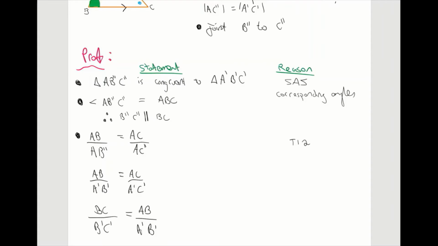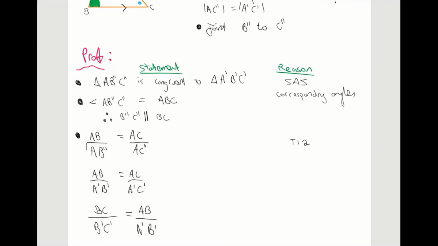And you can see here now that we're basically finished because we have our AB over A dash B dash equal on top and bottom. So that must mean then that the AC over A dash C dash must equal the BC over B dash C dash. So hopefully you can see that both of these are on the top and the bottom. So logic follows that the other two sides must be proportional as well.